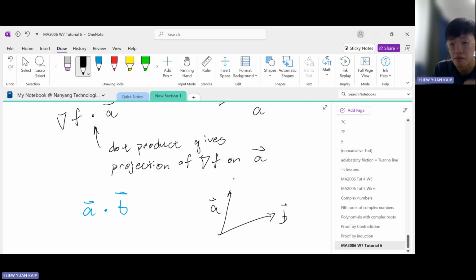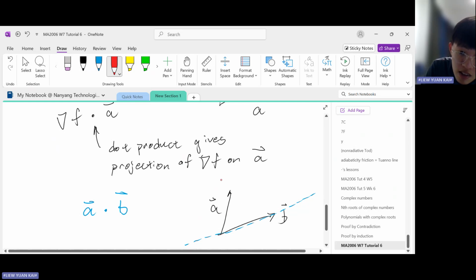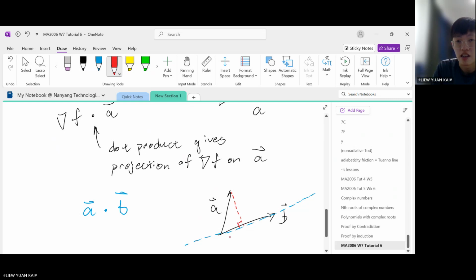The projection of A on B is the component of A that is parallel to B. Any line parallel to this dotted line is parallel to B, right? So the projection of A on B would be a vector that is like this. Let me just draw a perpendicular line like that.